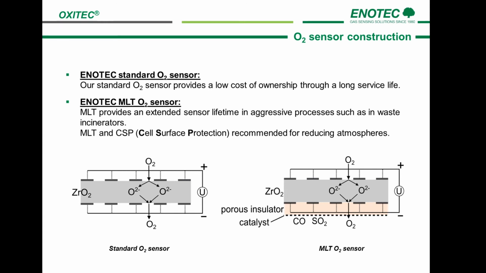Also, thermal power plants using coal with high sulfur content would be an application for the MLT O2 sensor. The MLT sensor uses an additional porous insulator as a sacrificial layer to protect the sensor from aggressive components, giving the sensor a long service life despite the harsh process conditions. MLT and CSP are recommended for aggressive and reducing atmospheres.